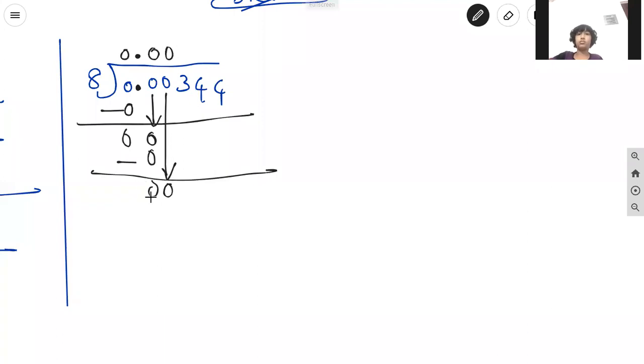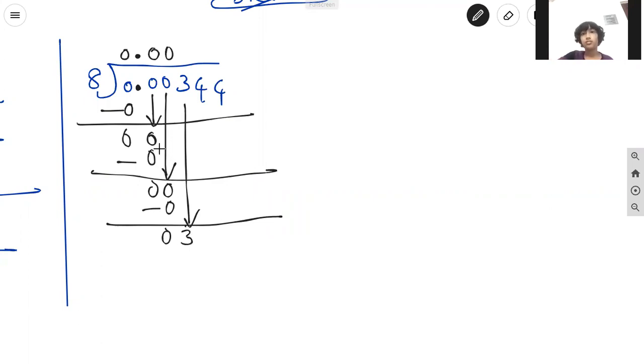8 zeros are 0. Why? Because it's 0 only. So 0 minus 0 is 0. Write the thousandth digit, 3. From 3, 8 is not subtracted, so 8 zeros are 0. 3 minus 0 is 3.